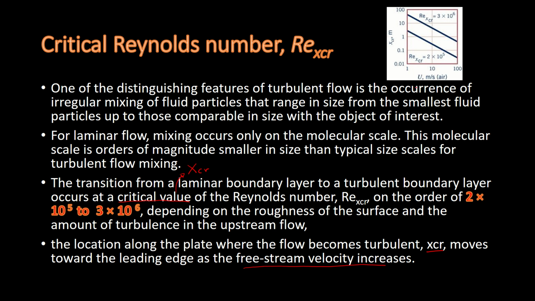As you can see in this graph, as the free stream velocity increases, for example to 100, the location of the critical region, x_cr, moves toward the leading edge.